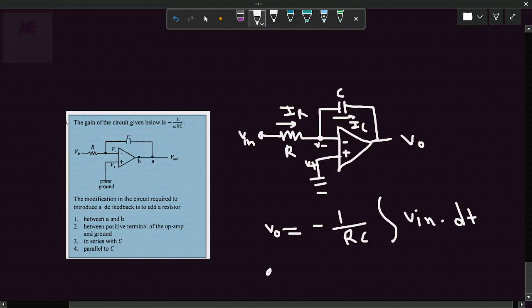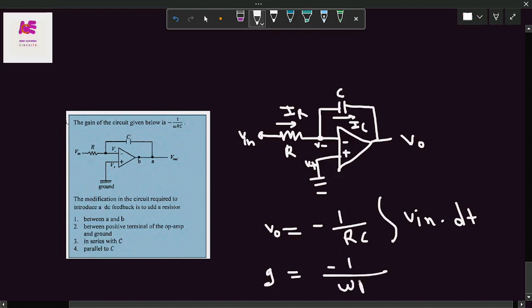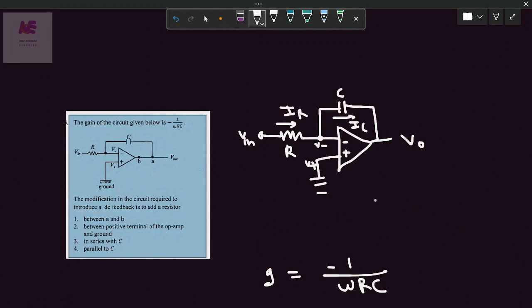The gain is provided, which is equal to minus 1 upon omega RC. From the equation we know that the gain is minus 1 upon RC, but this gain is frequency dependent. That's why gain is equal to minus 1 upon omega RC. We have to consider the high frequency and low frequency. What happens at high frequencies?